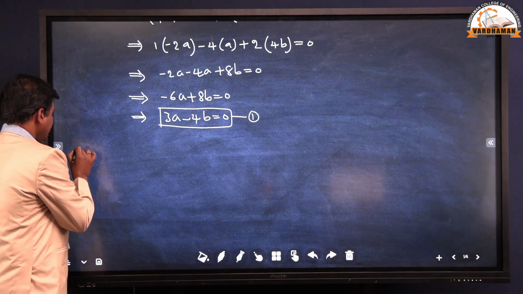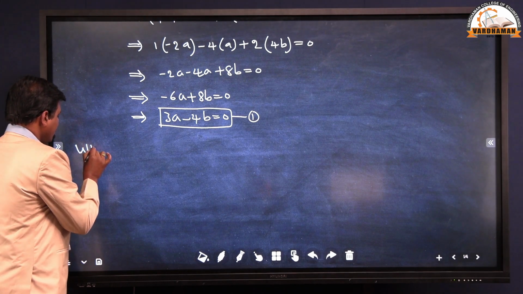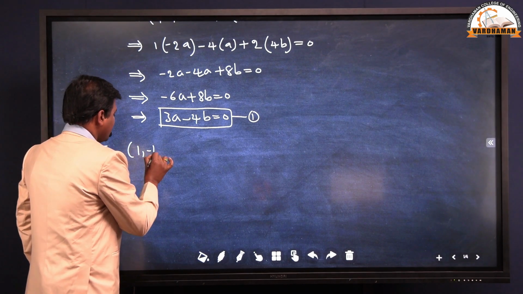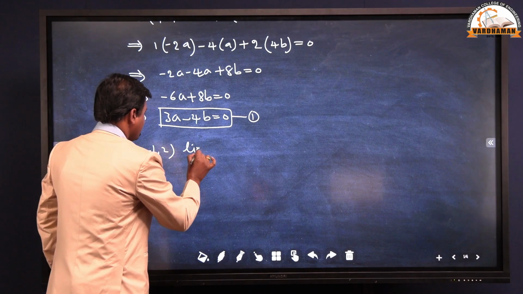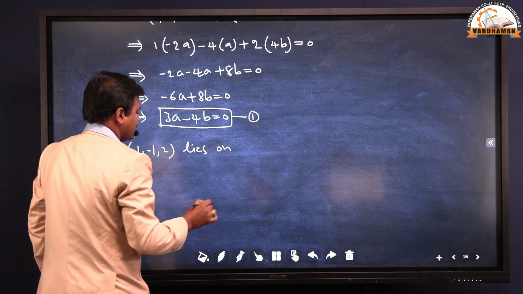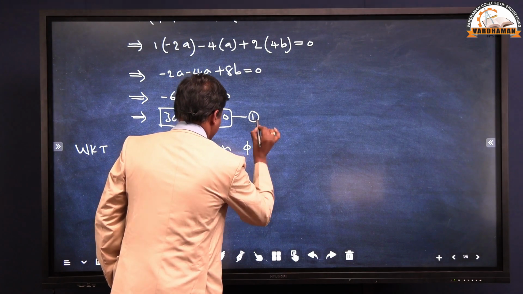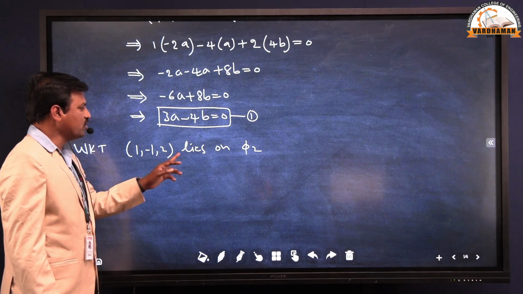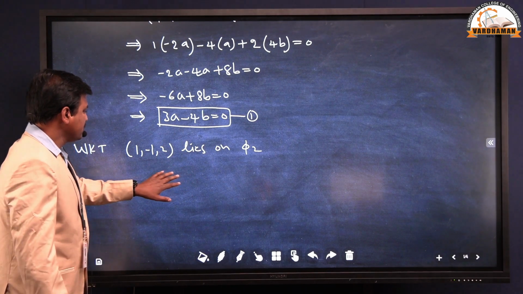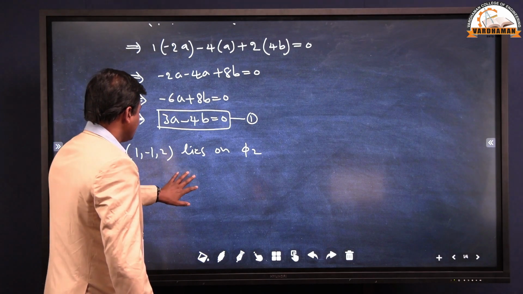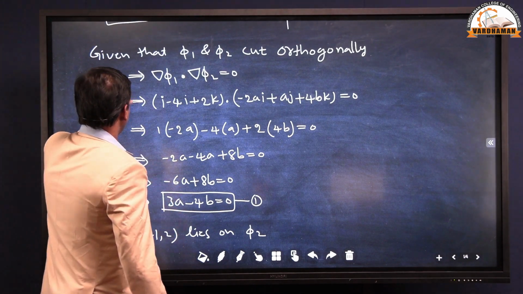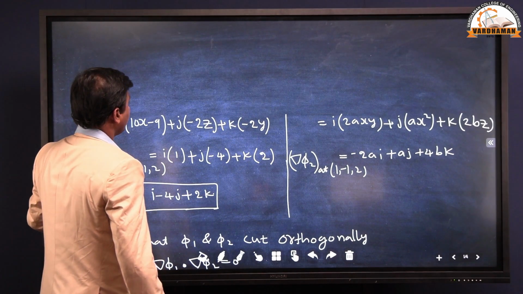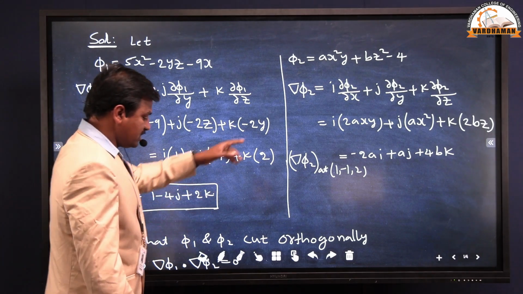Therefore we know that the point 1, minus 1, 2 lies on phi 2. Phi 2 is this one.